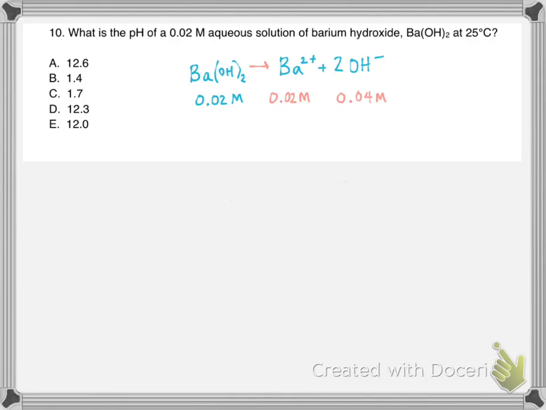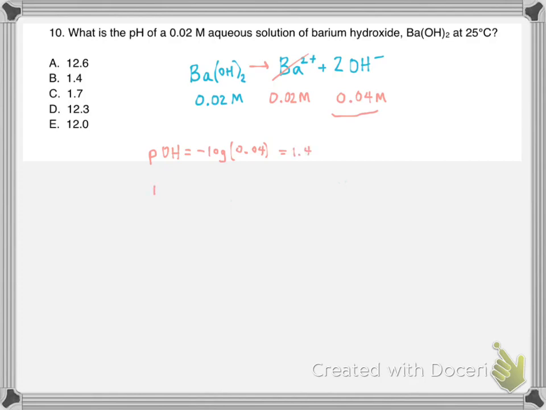So, the barium ions are spectators, right? They're not going to affect the pH. The hydroxide ions will though, and we know their concentration. So we can go ahead and figure out what the pOH is. This is going to be the negative log of 0.04, which gives us a pOH of 1.4.